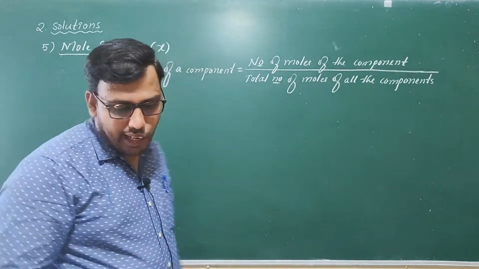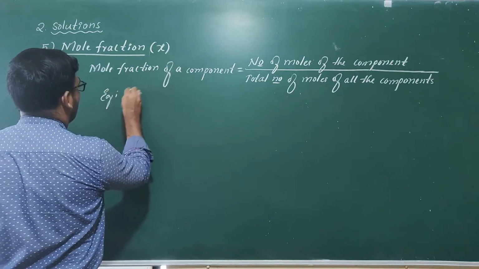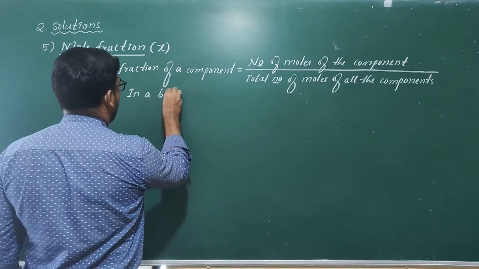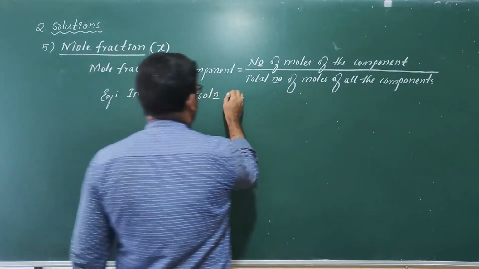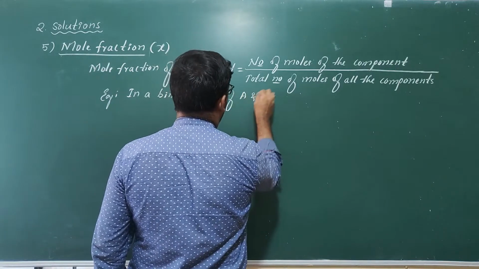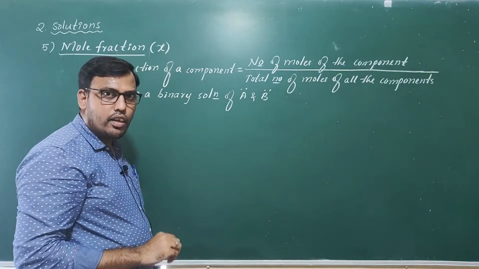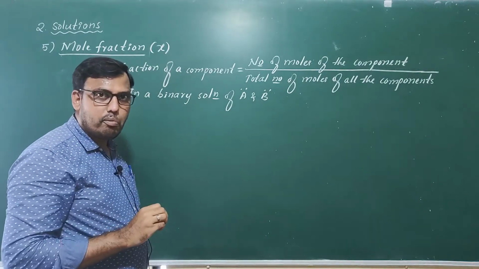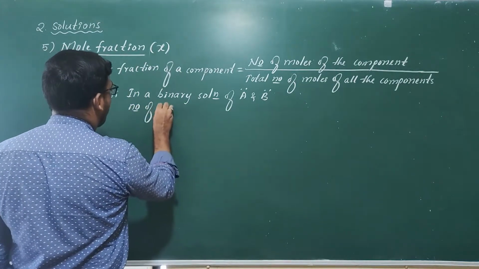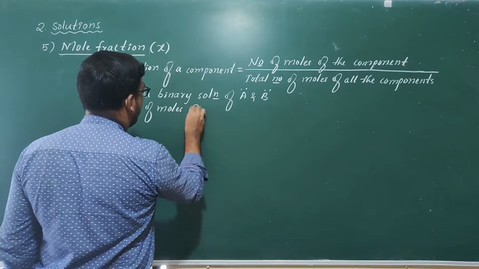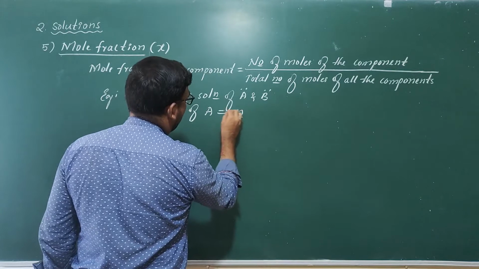Okay. So now for example, in a binary solution of A and B, here A and B are two components which are present in our binary mixture. So now consider number of moles of A. Number of moles of A is equal to, so number of moles is generally represented by small n.